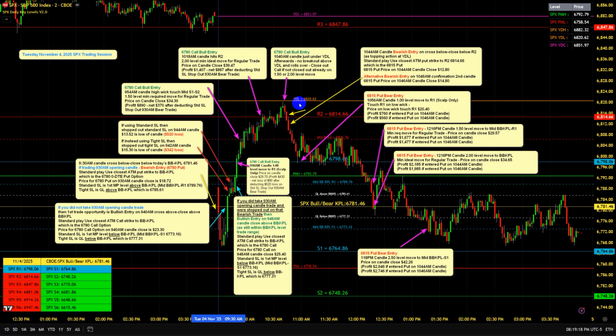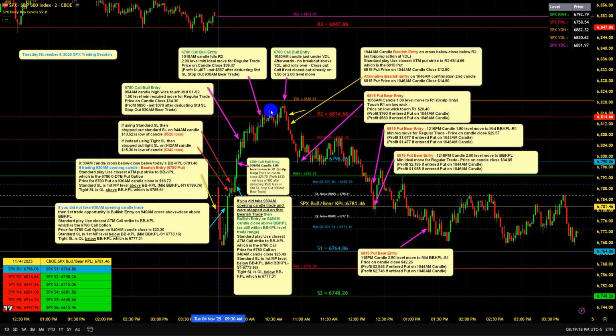This is a long way up to here. So we're not even seeing it close above this level, and it's not hanging around this level. So this is more of a topping action here.